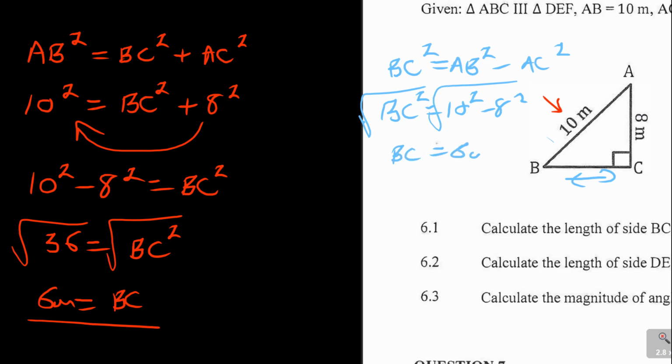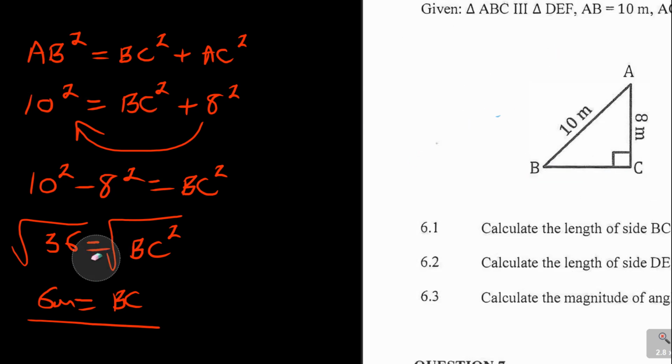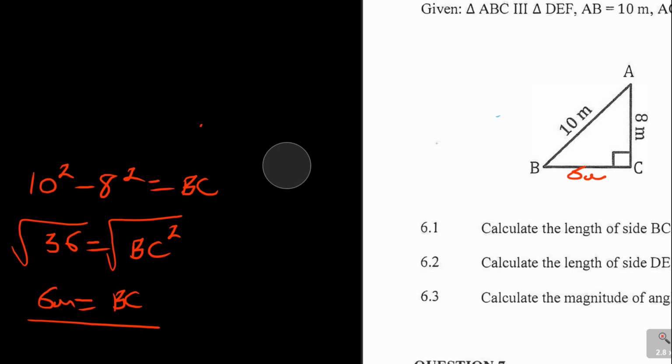The answer will come straight as 6 meters. It's not a problem, it's still correct. What is important is to know the answer there, so let's write that as 6 meters. So that is how you use the theorem of Pythagoras for that.